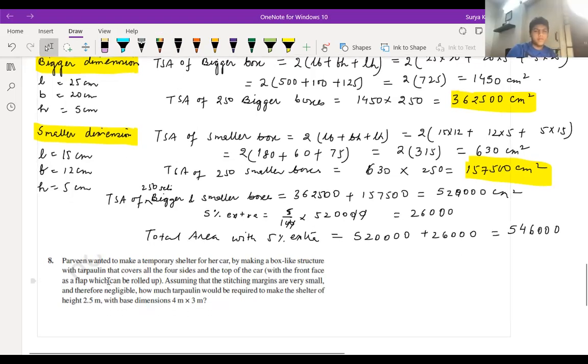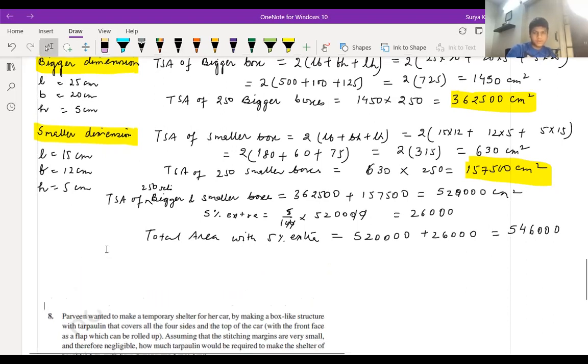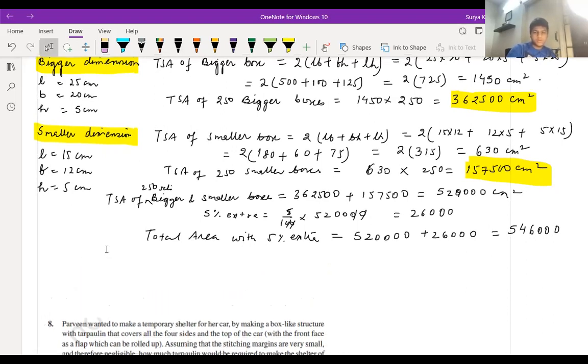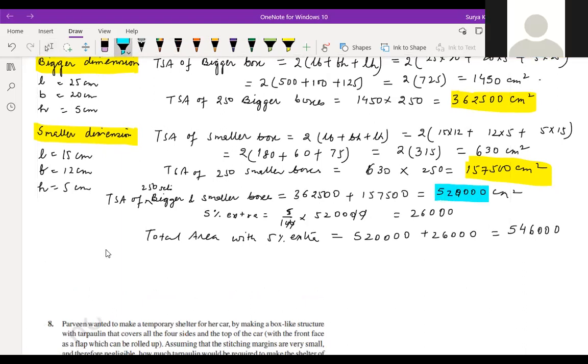Why are we adding 26,000? Because the extra is also coming into that only. This is extra, the total is this, so we have to add the extra part also.